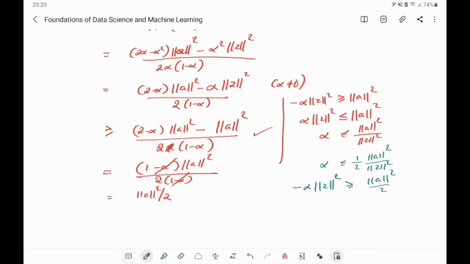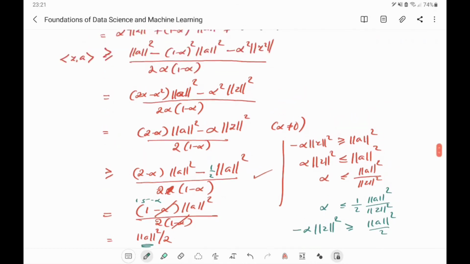So if you do that, then instead of a squared here, you will get half a squared, and here instead of 1 you will get something like 1.5 minus alpha. So this numerator keeps growing, right? So if you want, instead of this norm of a squared by 2, you can go upper, and if instead of this half you take 0.00001, then you will almost get close enough to your a square. Okay, but anyway, we won't need such a tight bound there. So this is enough for the proof.